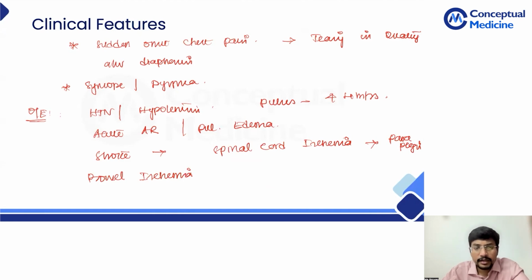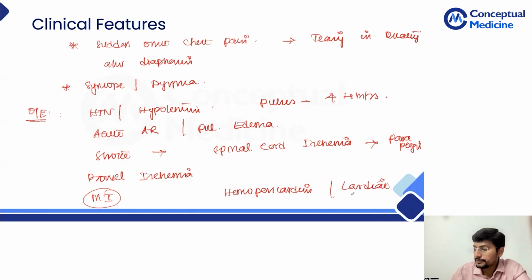I told you, because of the dissection flap closing on the RCA ostia, you can have myocardial infarction also, inferior wall. If it dissects retrogradely and extends, you can also have hemopericardium, cardiac tamponade. So all these are possible. It has a wide spectrum of presentation, so you should be really sharp to pick up the diagnosis.